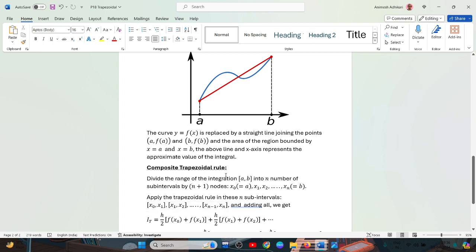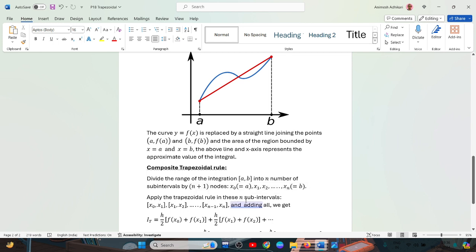The composite trapezoidal rule is used in the C programming. This rule divides the range of the integration (a, b) into n number of subintervals by n plus 1 ordinates or nodes: x0 equal to a, x1, x2, xn equal to b.